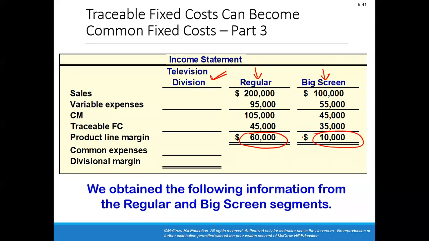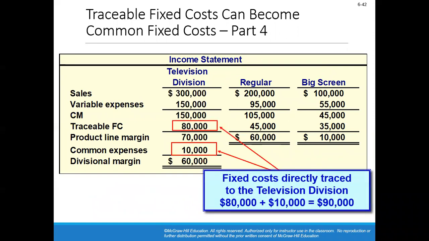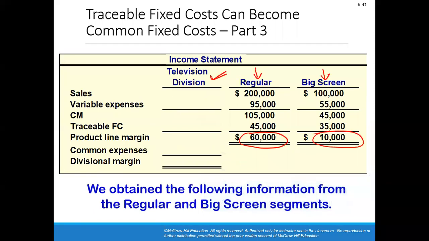So we see that the big screen is performing less compared to the regular television.